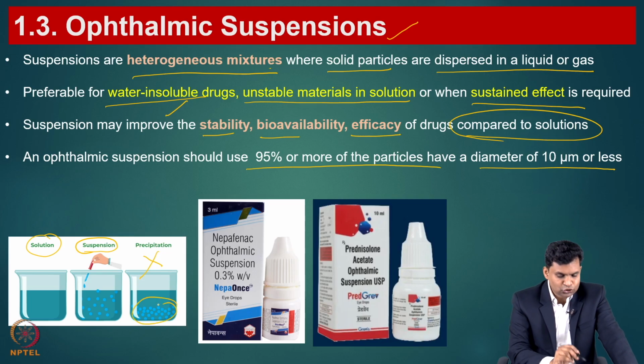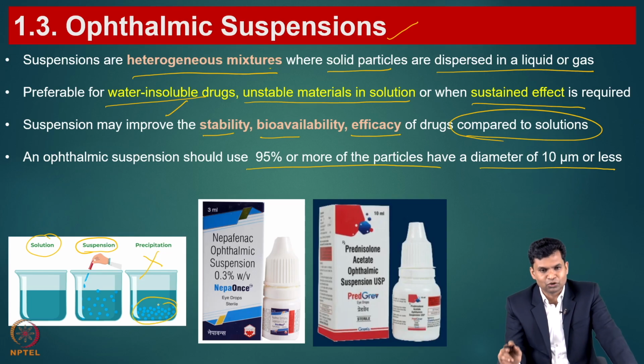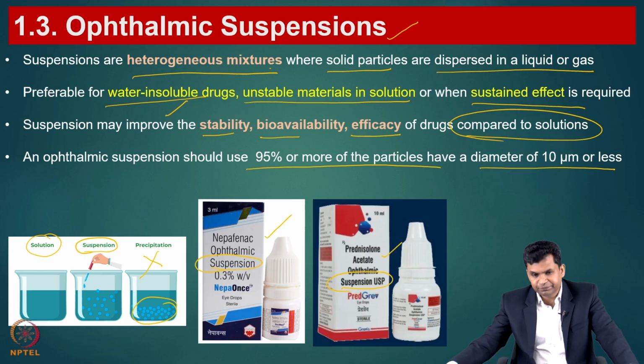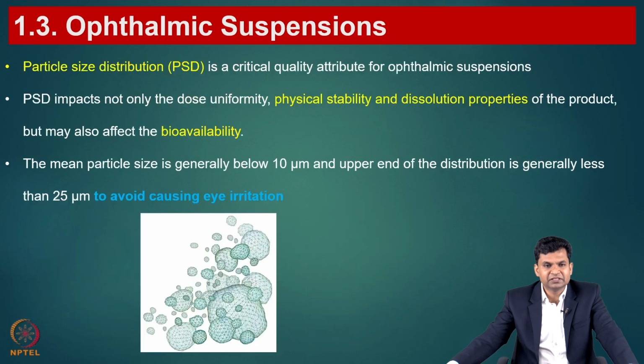Your material should not settle at the bottom, so we do not need aggregation and cake formation in suspensions. These are two market products which come as suspensions, and here you can also see prednisolone, a steroidal molecule we can use as an anti-inflammatory for the treatment of eye diseases.